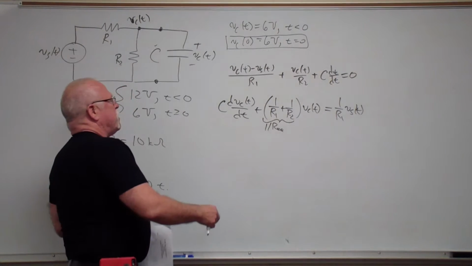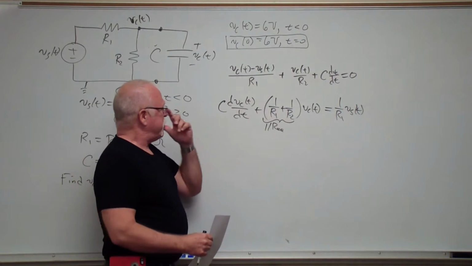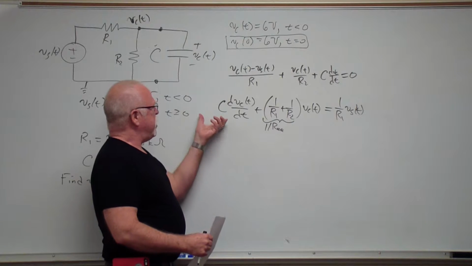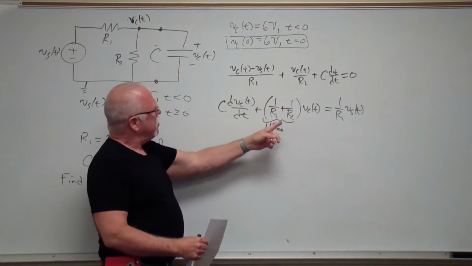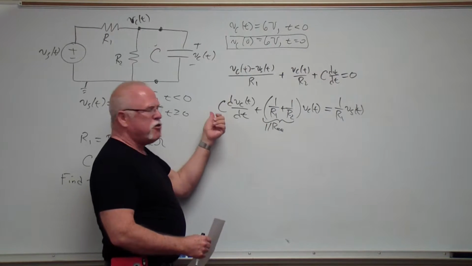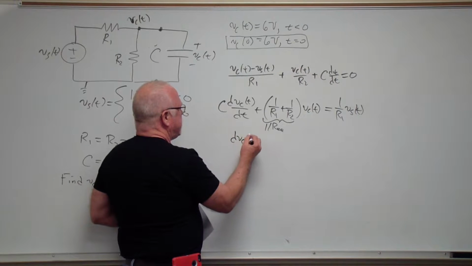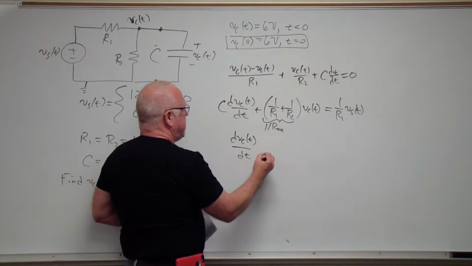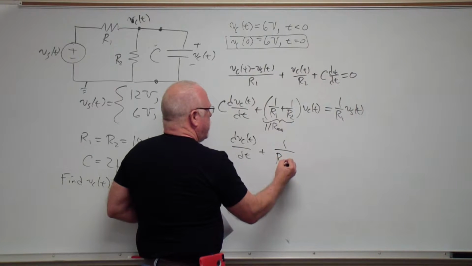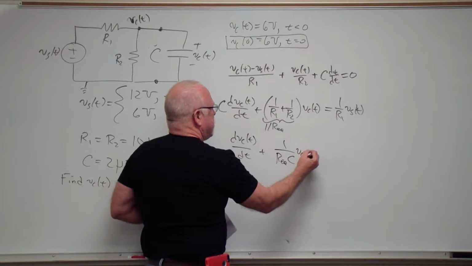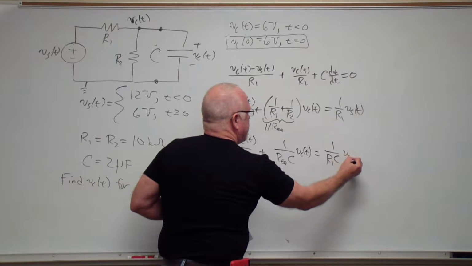Traditionally you don't want to leave coefficients all over the place here. You either want to put everything loaded up front, or you want to have a leading coefficient of 1. Let's go with the leading coefficient of 1. So dVc dt plus 1 over Req C times Vc of t equals 1 over R1 C times Vs of t.